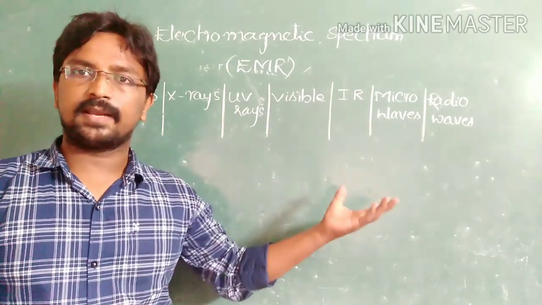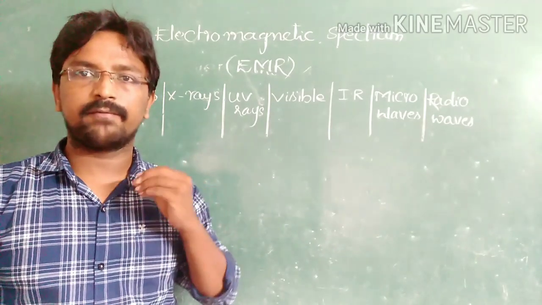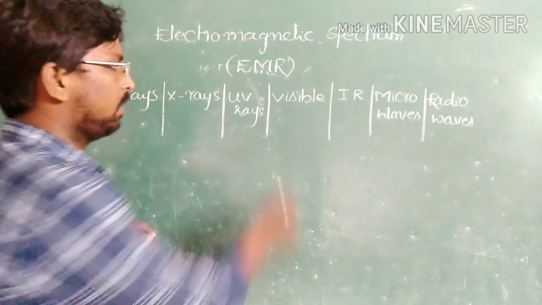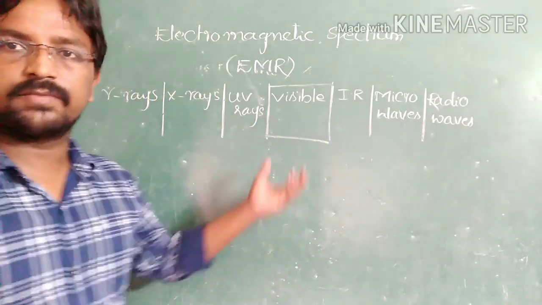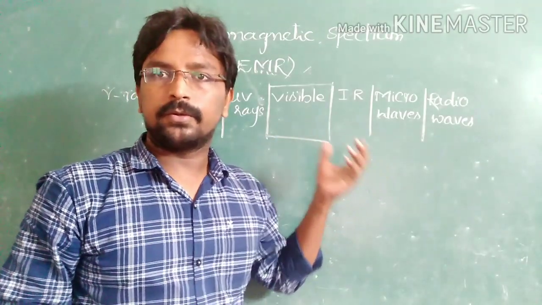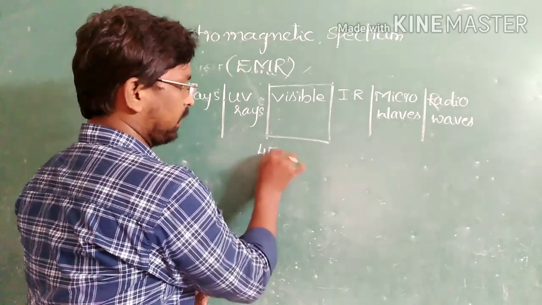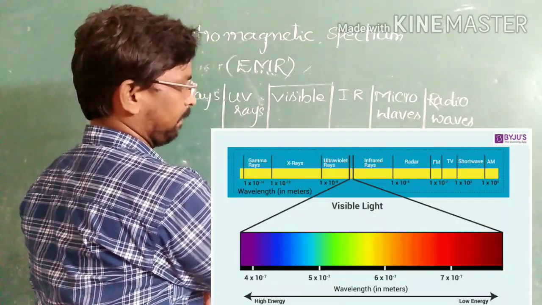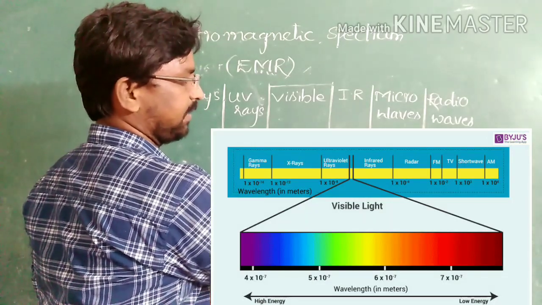In this electromagnetic spectrum, we are only sensitive to visible light. The range of wavelength is 400 nanometers to 700 nanometers.